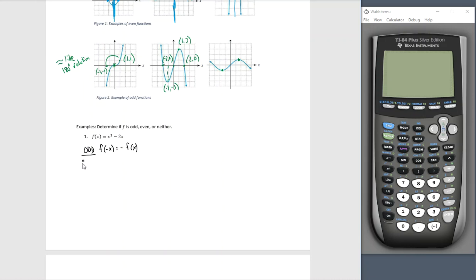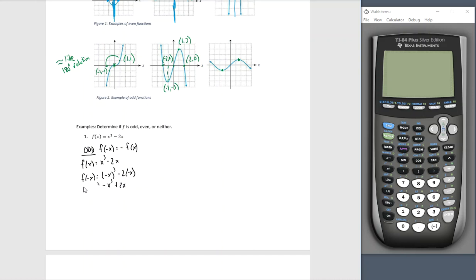So first of all, I know that f of x itself is x cubed minus 2x. F of negative x will be negative x to the third power minus 2 times negative x. And now we simplify. A negative to the third power is negative x to the third power. Negative 2 times a negative x becomes a positive 2x.